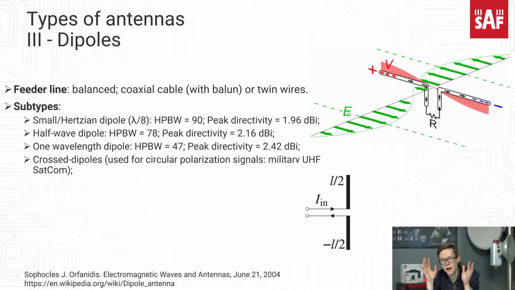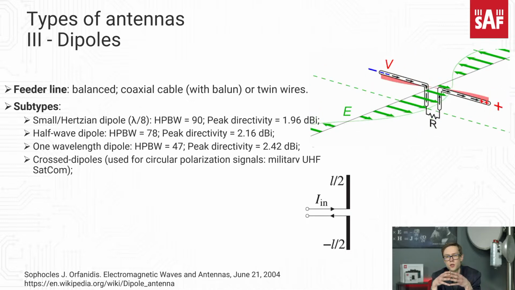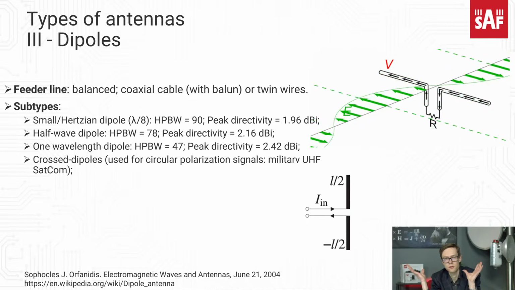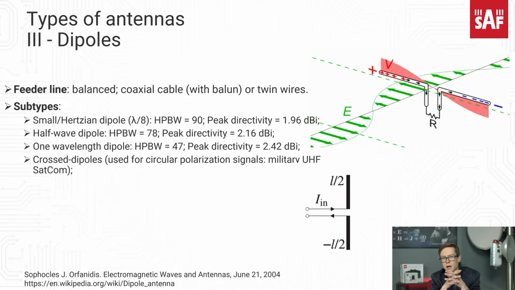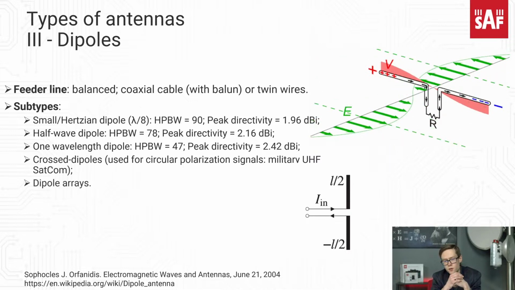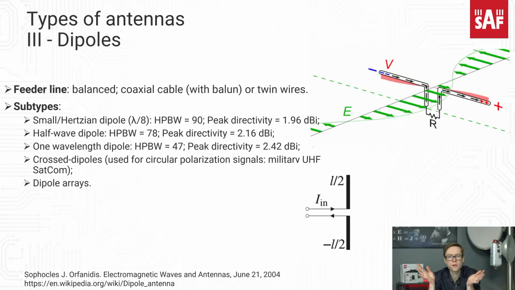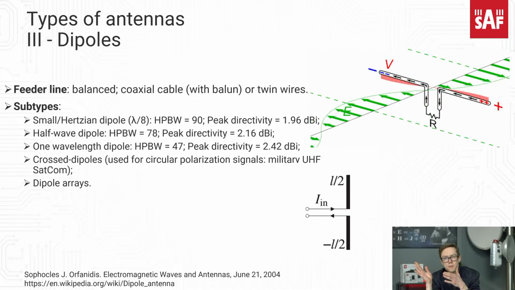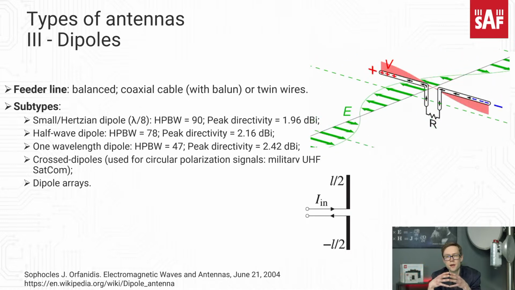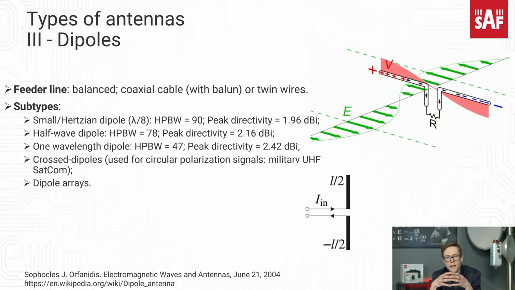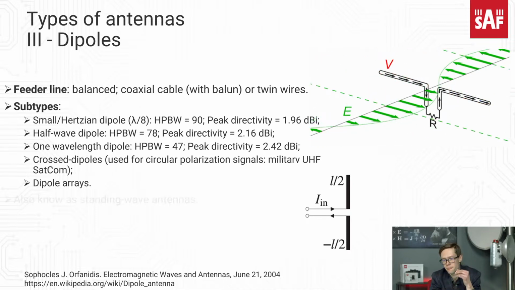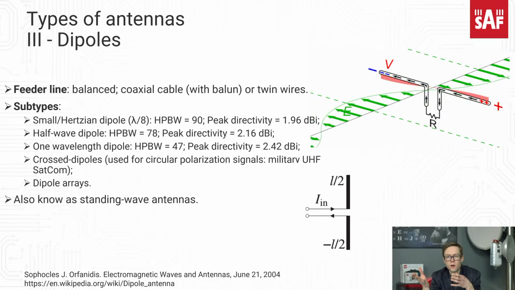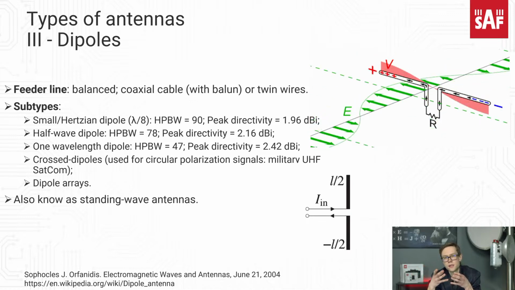It doesn't have a definite direction, so circular polarization will help us to receive the signal equally from different parts of the sky. And also, as with most simple antennas, the dipole antenna has a subtype of dipole arrays. This is a compendium of multiple dipole elements combined together. We can also call this a standing wave antenna, because this is what occurs while we feed this antenna with a signal.